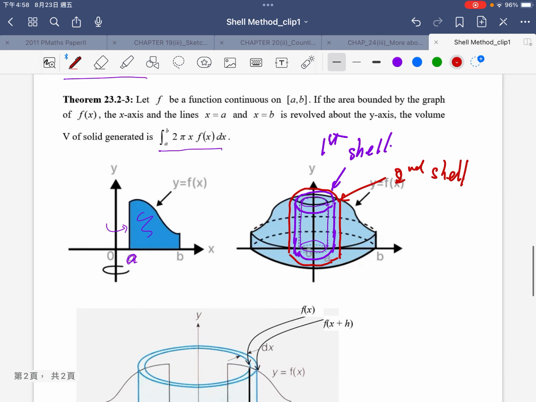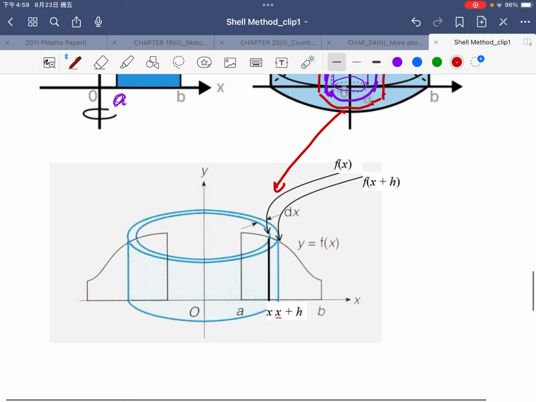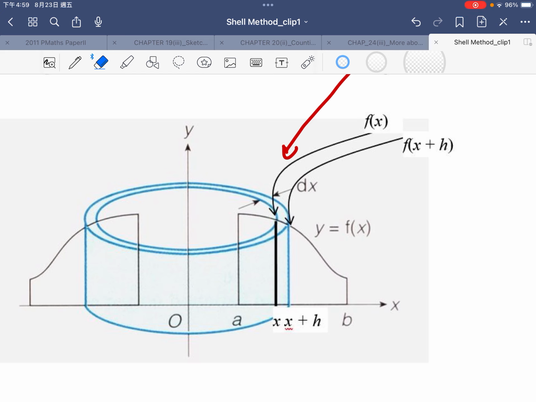Then we carefully move one shell into the following figure. This is the inner part, and this is the outer part. Let this point be x_i, for general x_i.